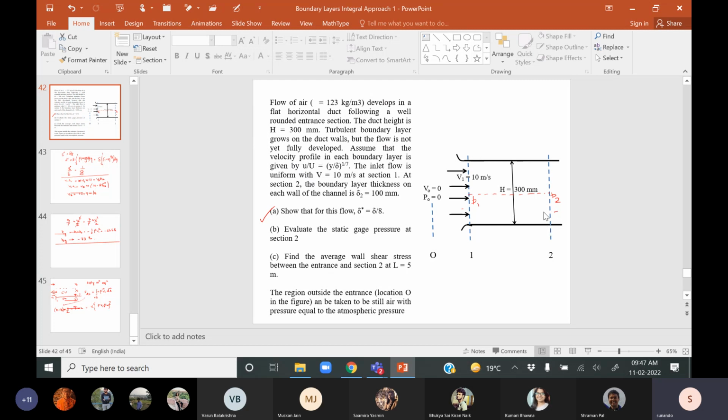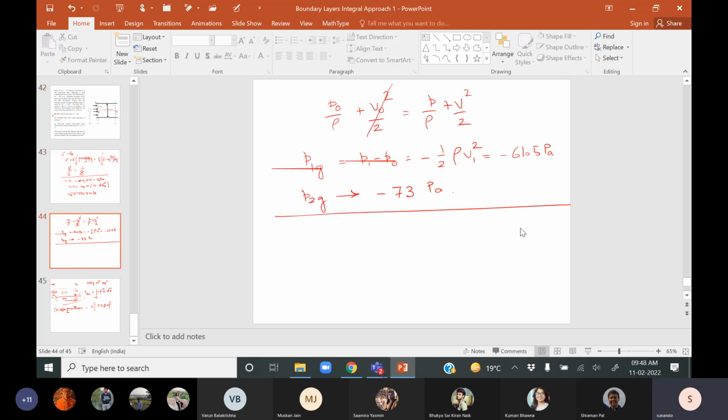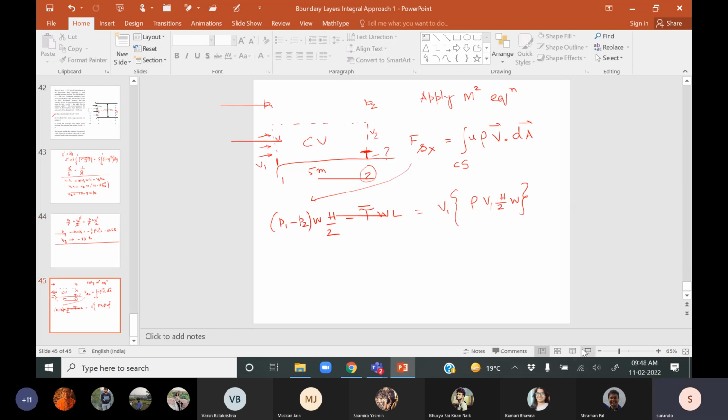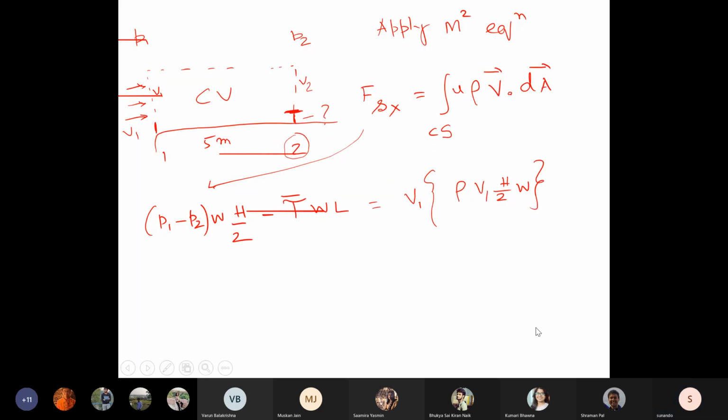Up to a certain point, there is going to be the presence of the boundary layer, and beyond that point, we do have a constant velocity. So I go back to this. What I have not included in finding out the momentum through location 1.